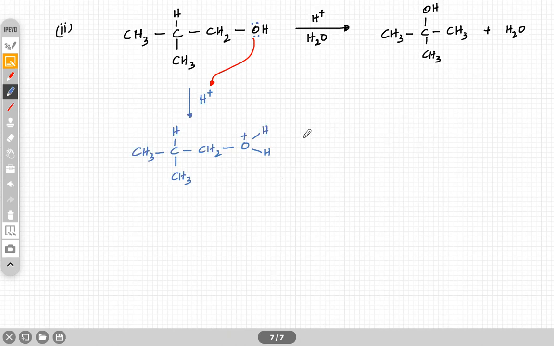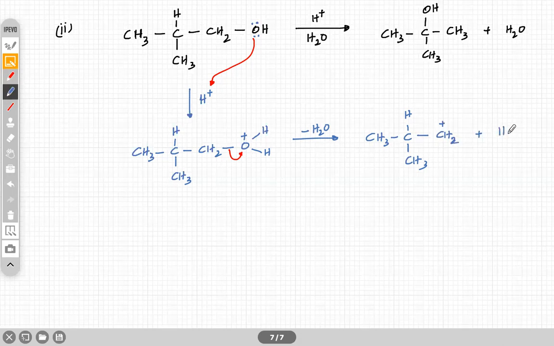Then in the next step, removal of water. It takes this bond pair of electrons, because oxygen again has a positive charge and is not stable, and it converts into CH3, CH, CH3, CH2 plus, and H2O.